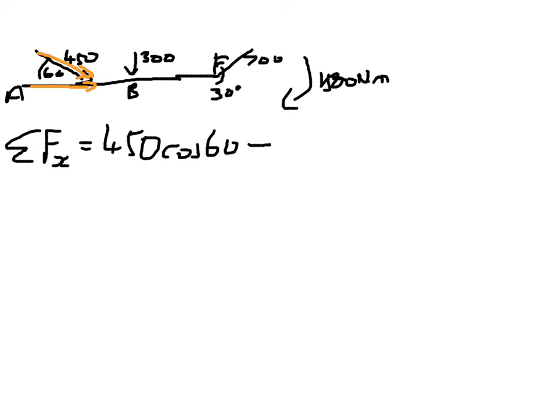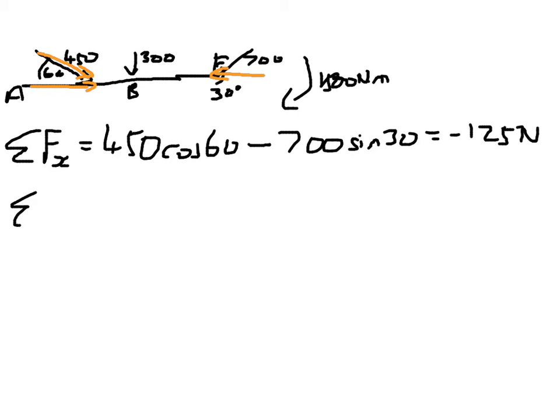I'm going to have a minus because it's going to be going backwards in the x, 700 sine 30. And that's going to equal minus 125 newtons.